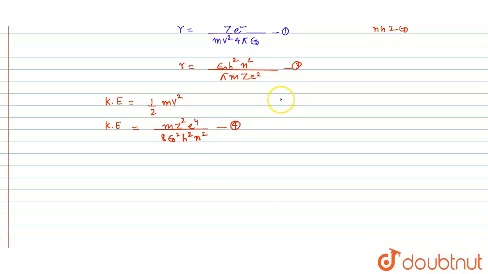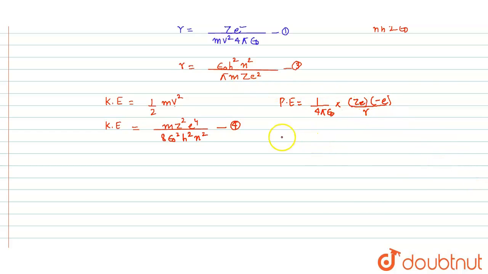Let us now try to find out the potential energy. So how do you find out the potential energy? It is simply equal to 1 upon 4 pi epsilon naught into Q1 Q2 divided by r. Now here Q1 is simply Ze and Q2 is nothing but minus e, so whole divided by r. Now you need to put the value of r from here.